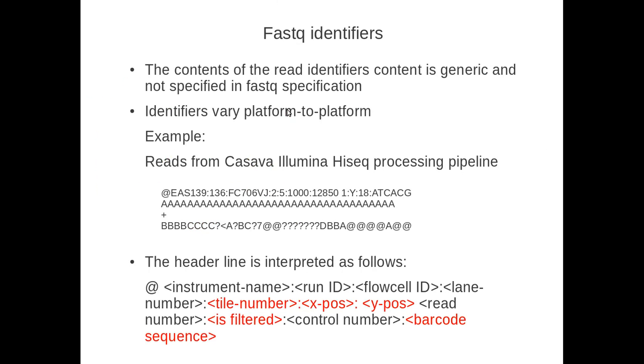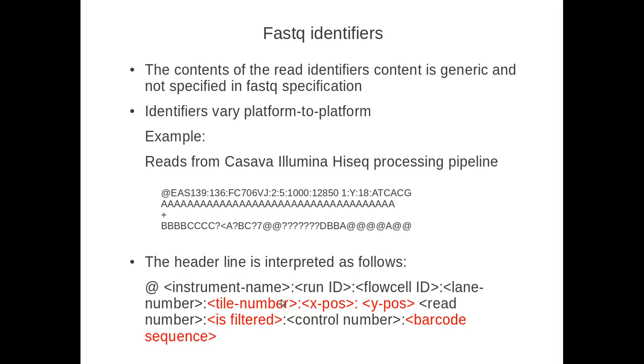I just thought I'd point out that there is no real specification for the identifier in a FASTQ. That is, the identifier may or may not incorporate important information. In Cassava, the software used to process the raw image files that come from an Illumina HiSeq run, there is important information in the read identifiers that's actually used in the processing pipelines that we'll be discussing.